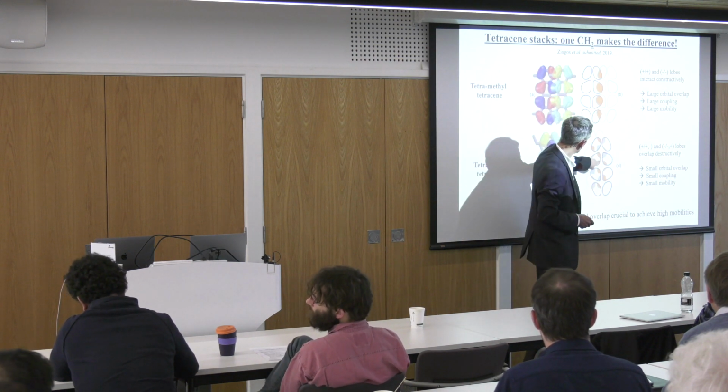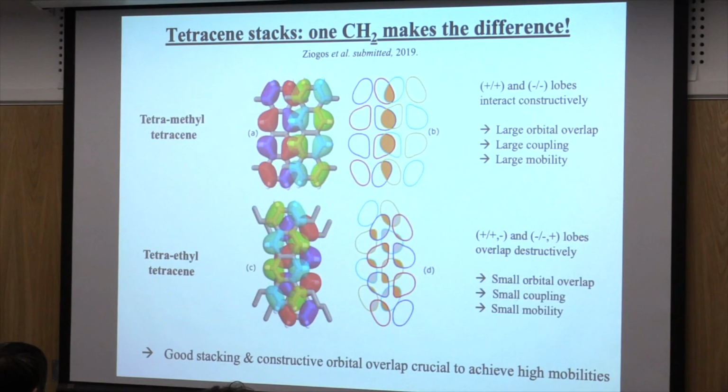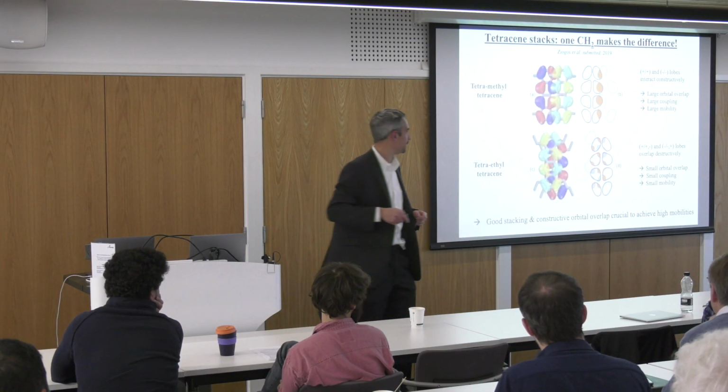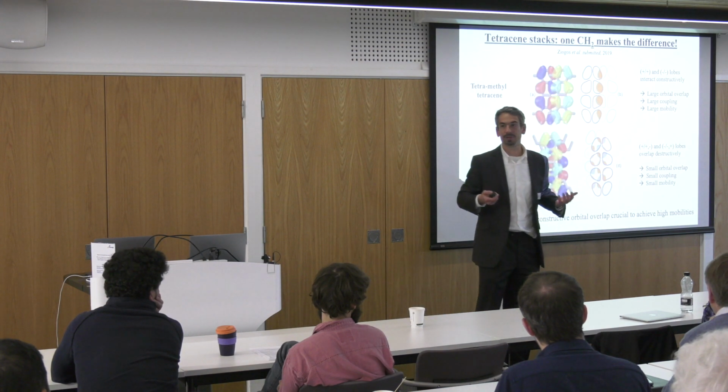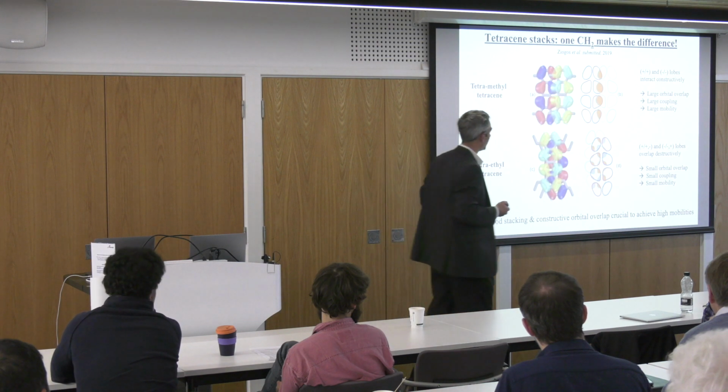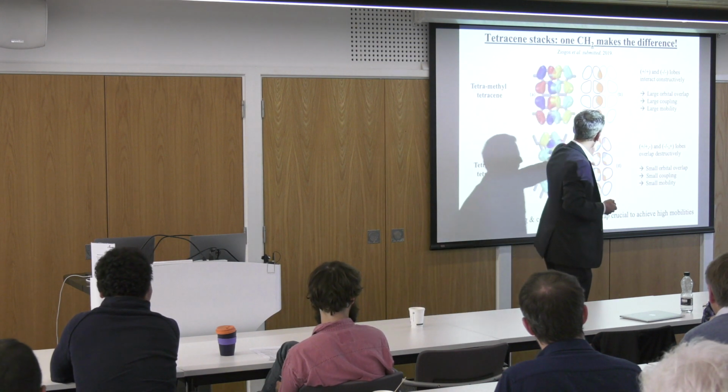If you compute the overlap between these two orbitals, you always see that the plus of one molecule overlaps with the plus and minus of the other molecule. If you integrate these kinds of phase combinations, you get nothing, zero. You get zero overlap, zero coupling, very small coupling, and therefore a small mobility.